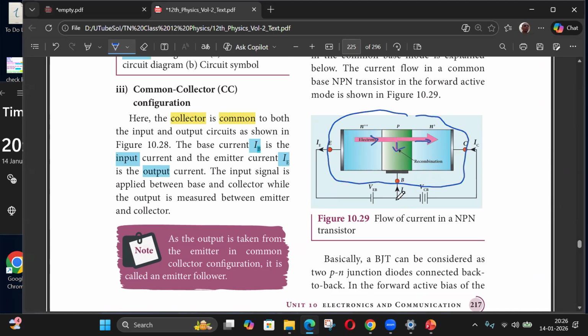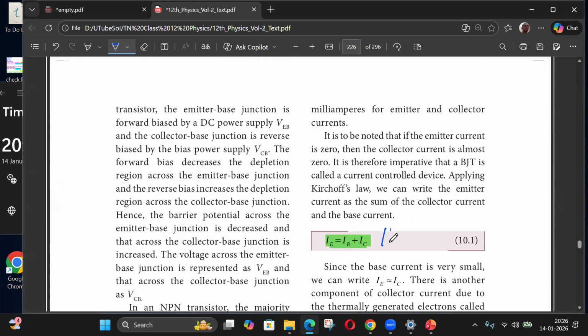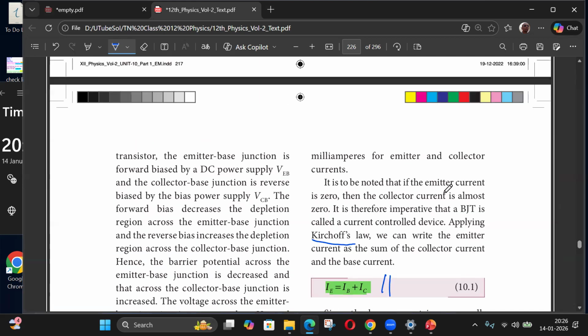The current leaving the surface is IE. The current entering is IB and IC. So IE should match IB and IC. That's what this equation is. They applied Kirchhoff's law, which is applicable for a node, but here it is like a super node or a surface. Obvious, right? Common sense. Whatever is entering should leave, otherwise there will be accumulation, which is not allowed because it's steady state.